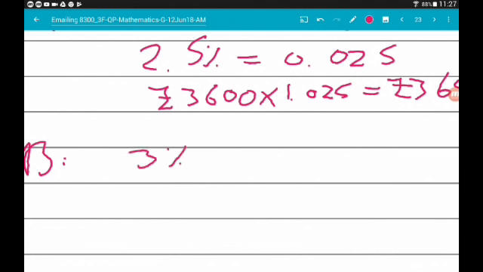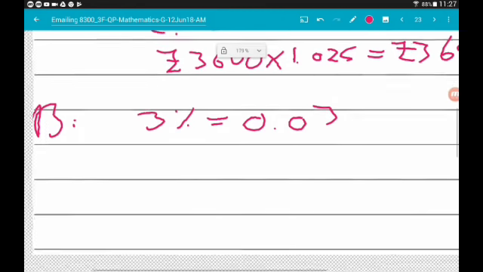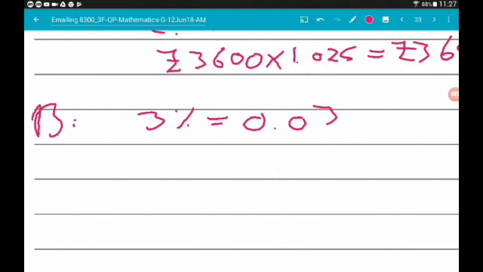3% is 0.03. So we could work out how much we've got after 1 year. To do that, we would do 3,500 times 1.03. So that would tell us how much money we'd have after the first year. We want after 2 years though.